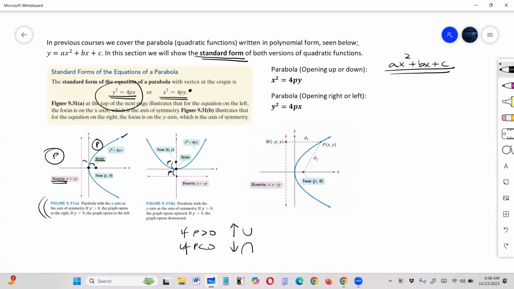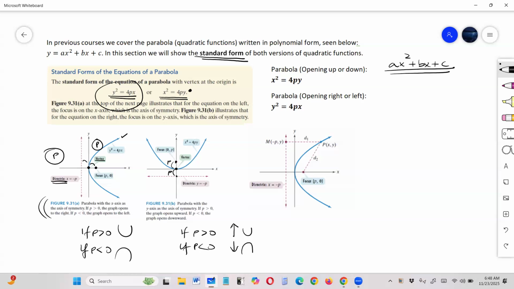For the case where we have the parabola opening right or left, if p is positive, the parabola will open right. If p is negative, the parabola will open left.